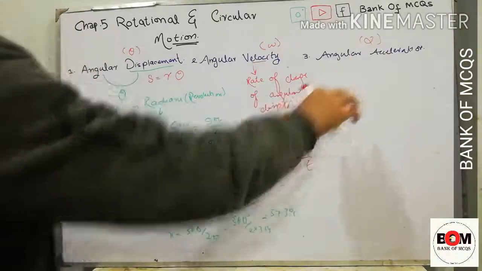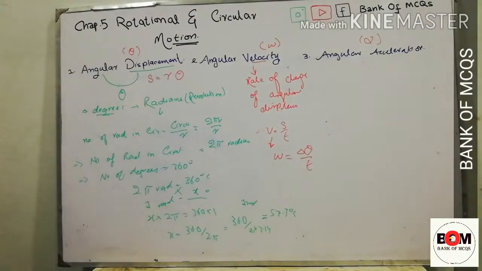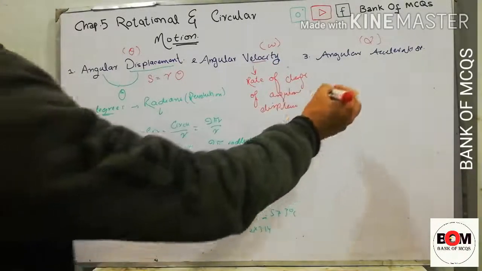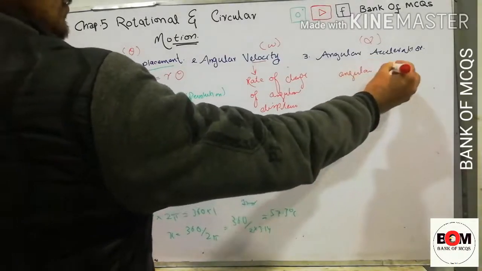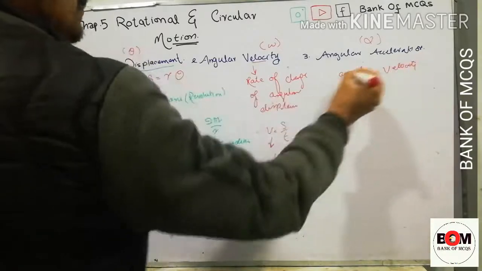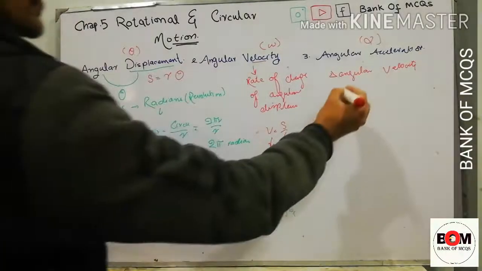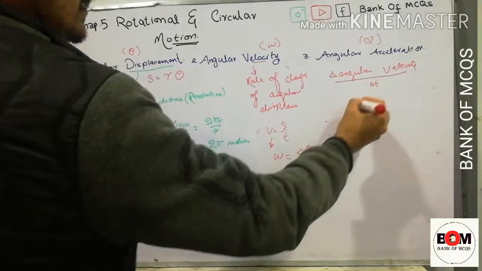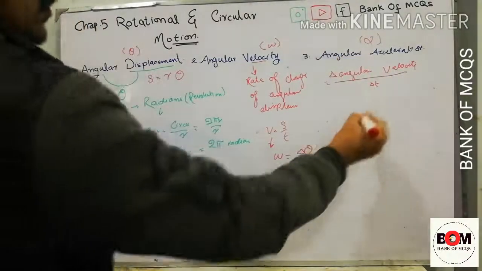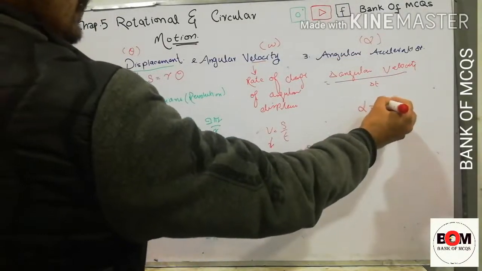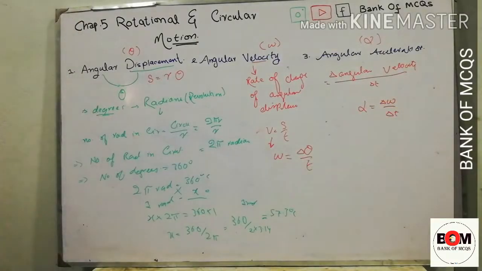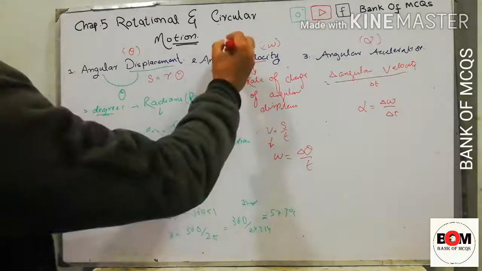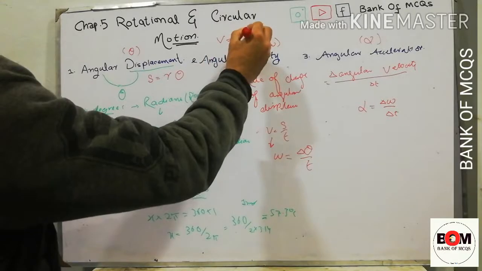In angular acceleration, we take the rate of change of angular velocity. Rate of change of angular velocity, delta omega by delta t, is equal to angular acceleration.